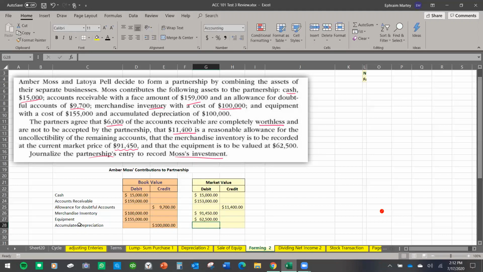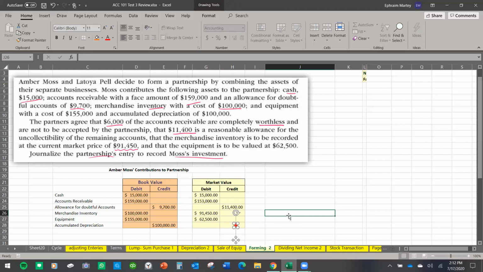What about accumulated depreciation? When you're doing a partnership, the only thing that does not carry over is accumulated depreciation. You ignore it, because the book value, the equipment minus the depreciation, is what we have already concluded. You don't carry accumulated depreciation for a partnership.